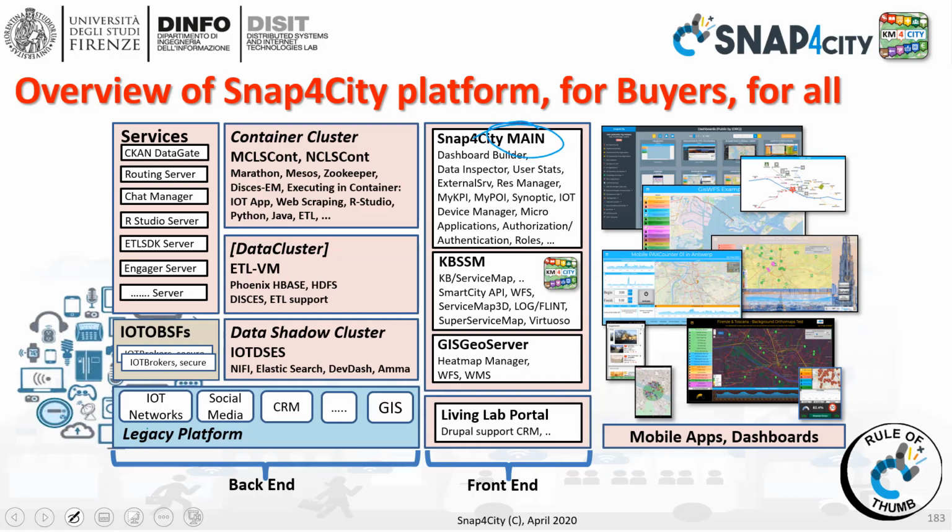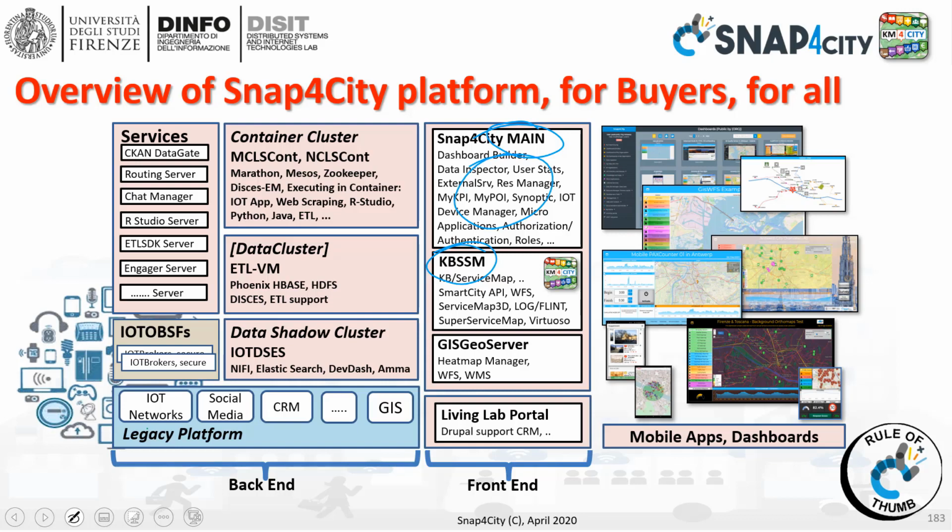So the main is the dashboard builder, data inspector, user statistics, external service, resource manager, My KPI management, synoptics, and all the other features you may have here. And the knowledge base, KBSSM, is the knowledge base for semantic reasoning and navigation.